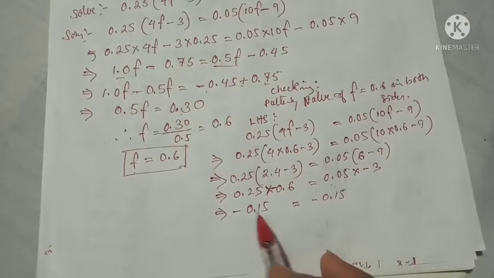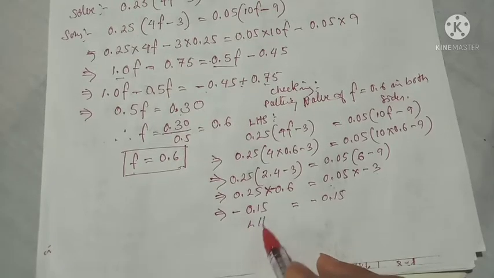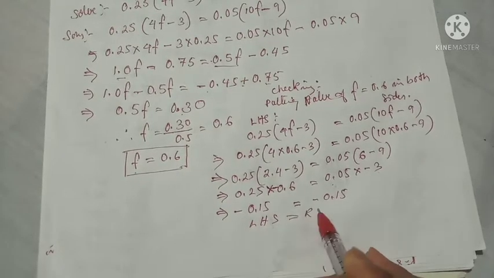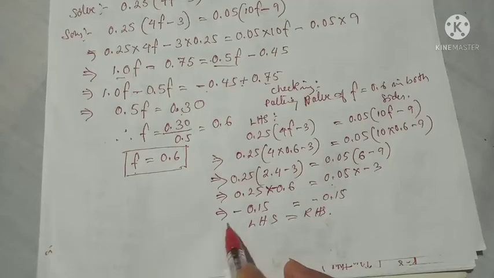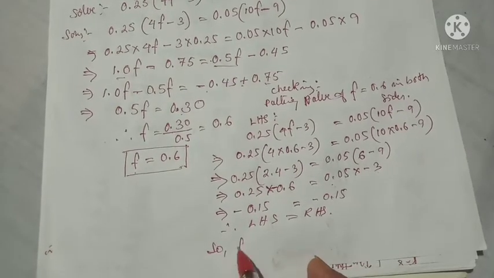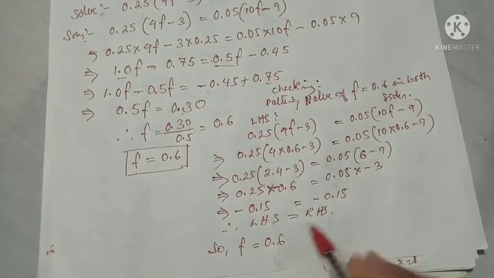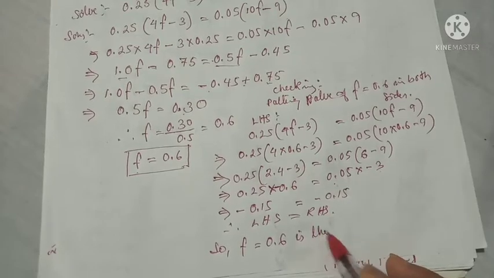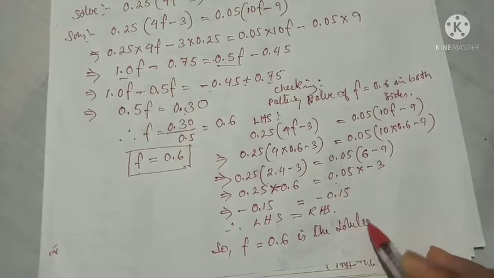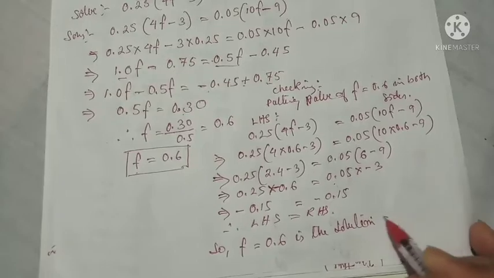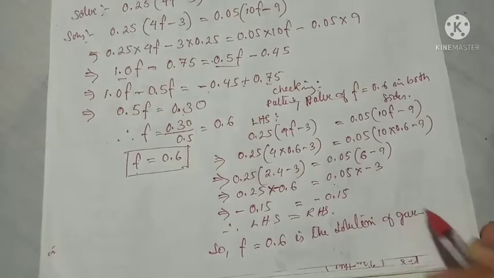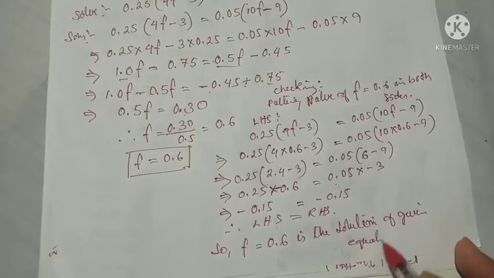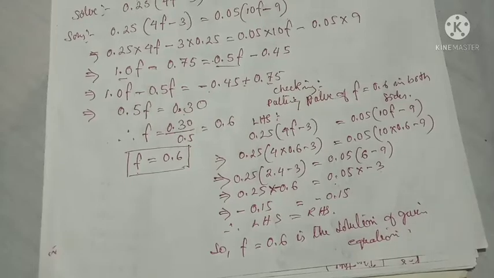Here left hand side is equal to right hand side. Hence, f equal to 0.6 is the solution of the given equation.